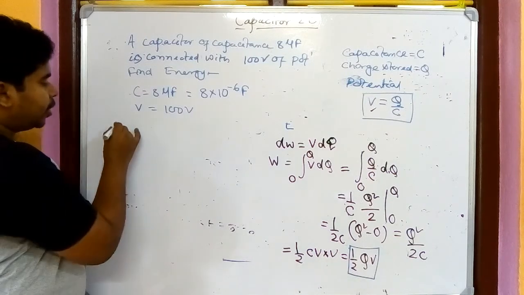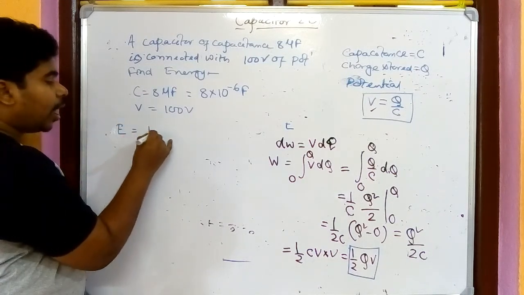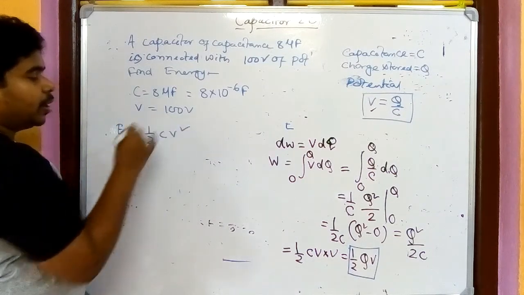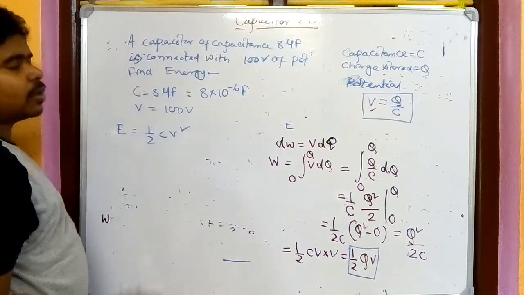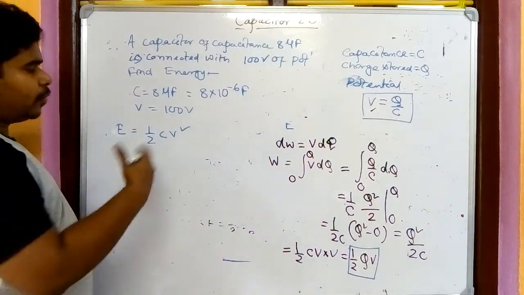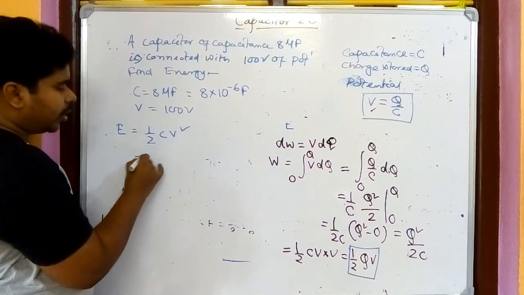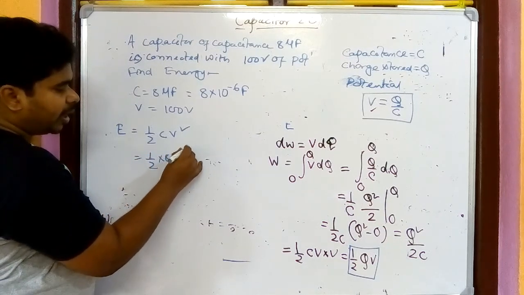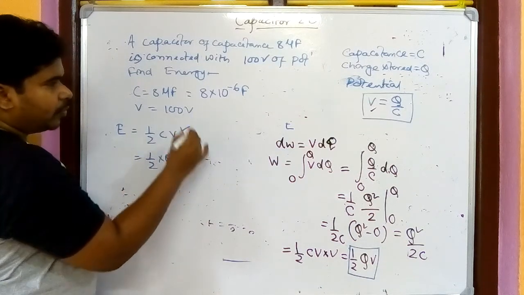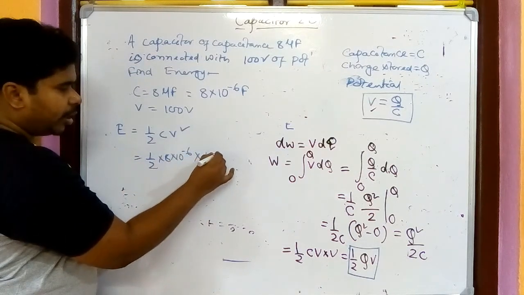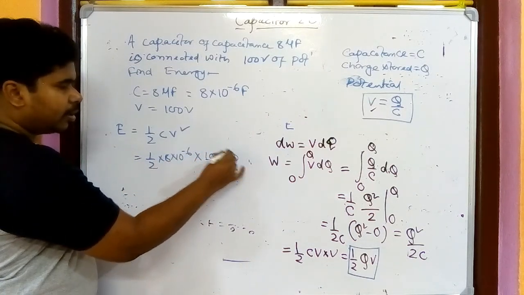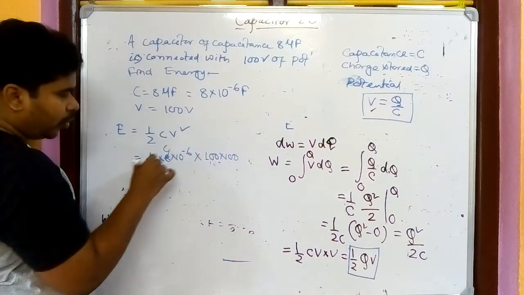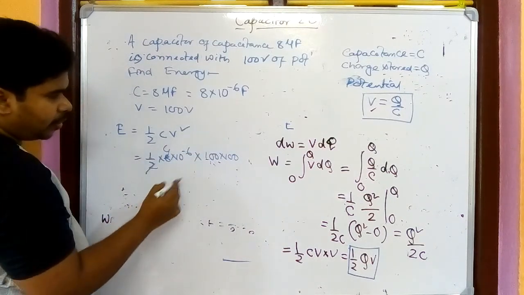So one equation of energy is half CV square. Depending on what is given to us, we have to choose the equation. Half CV square: half into 8 into 10 to the power minus 6 into V square, that is 100 into 100, which is 10 to the power 4.